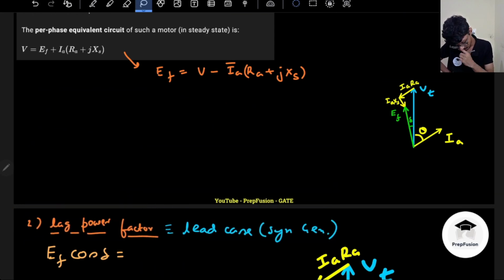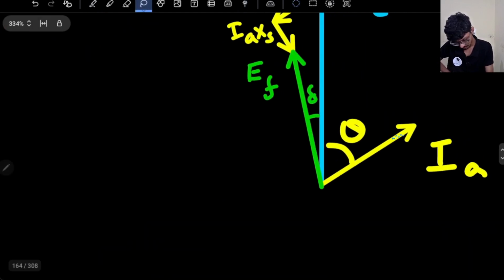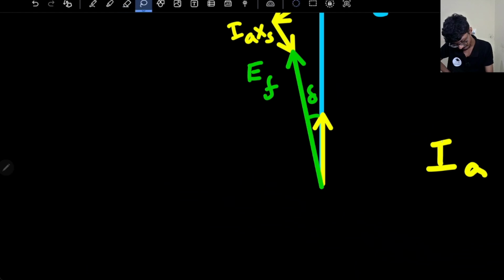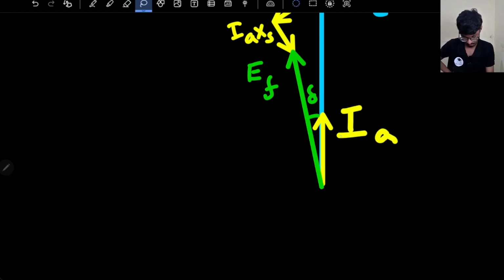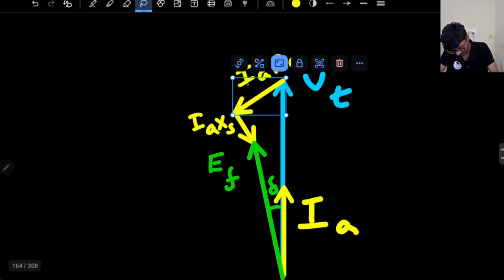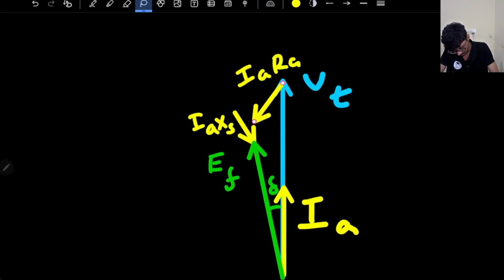Let me do it for unity power factor. One first case, unity power factor, very simple. This is your V minus IA RA. IA will be in phase with VT. Minus IA RA will just be opposite of IA.